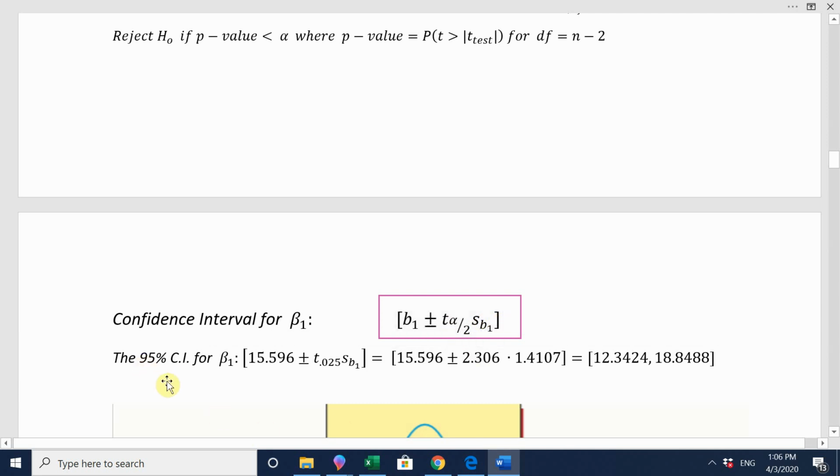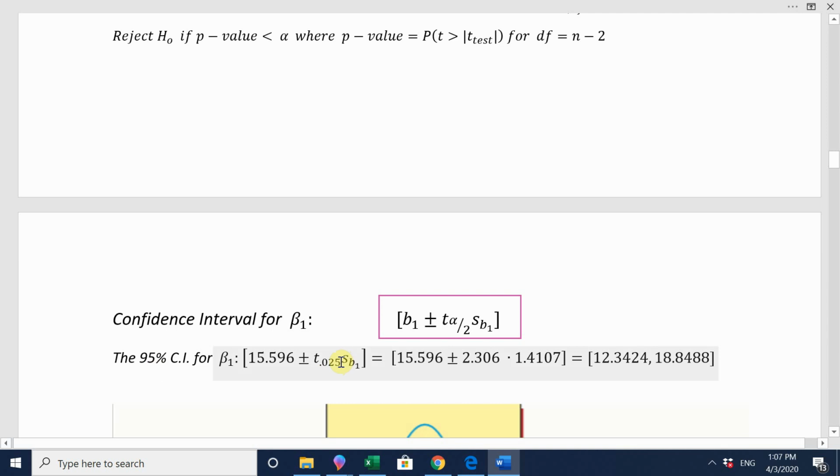In the case of a 95% confidence interval for the population slope, what I want to do is use my point estimate that I got by application of the method of least squares, plus or minus this critical T point, which is determined based on the level of confidence. If my confidence interval is 95%, this means that I have a 5% area of rejection.